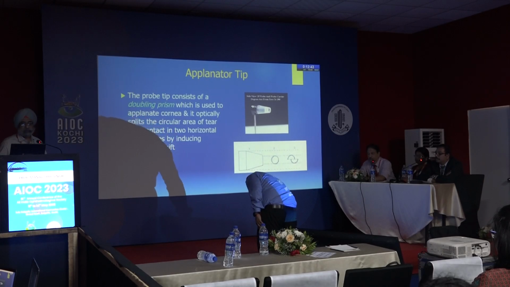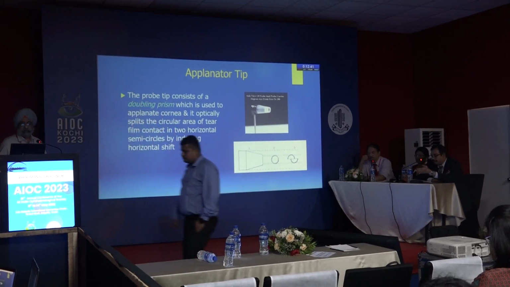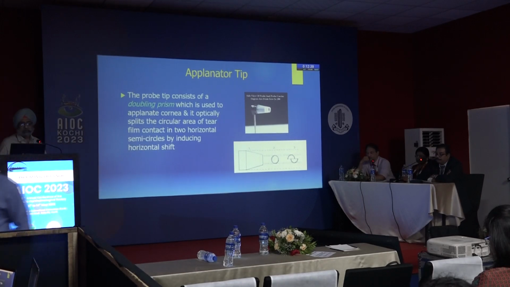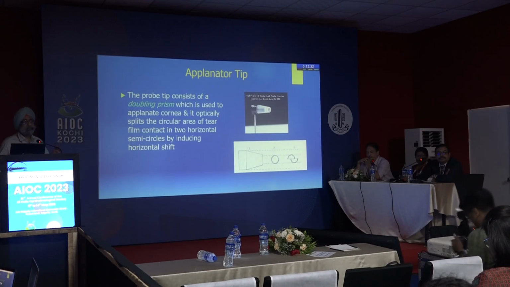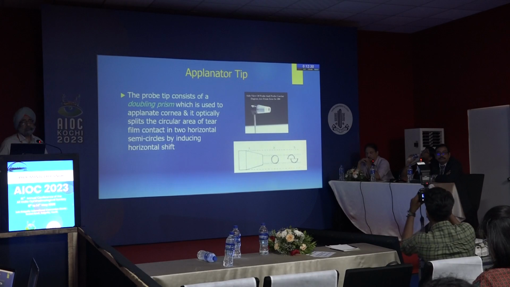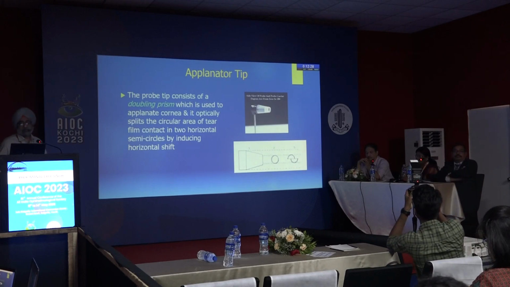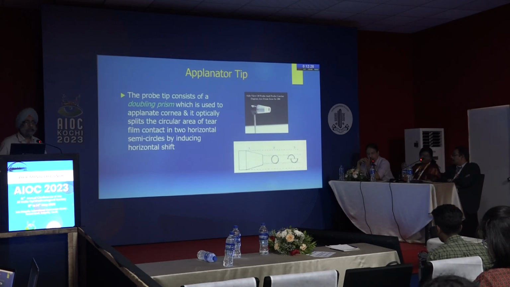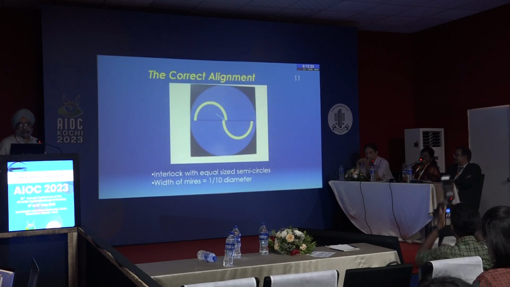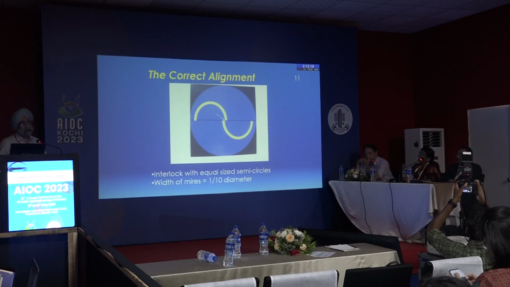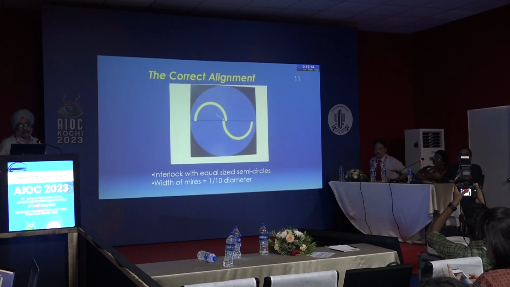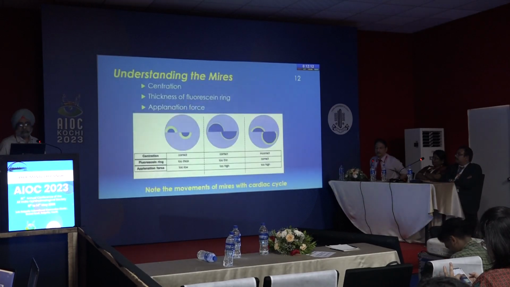The probe tip consists of a doubling prism which is used to applanate the cornea, and it optically splits the circular area of tear film contact into 2 semicircles by inducing horizontal shift. This size is such that the errors of the Imbert-Fick law are removed, because the size is 3.06 millimeter diameter. This is how the correct alignment is. The 2 semicircles should interlock with equal size, and the width of the mire should be around 1/10 of the diameter.